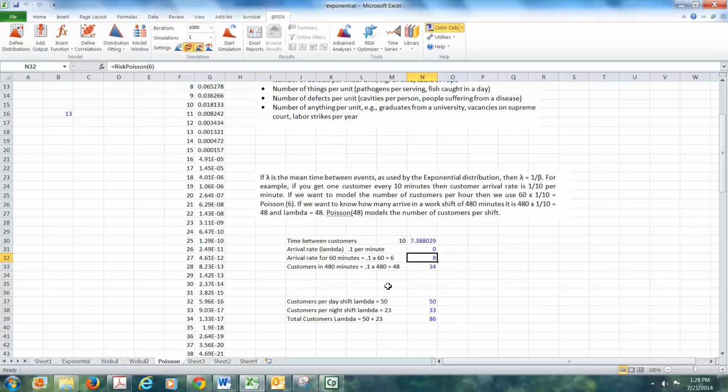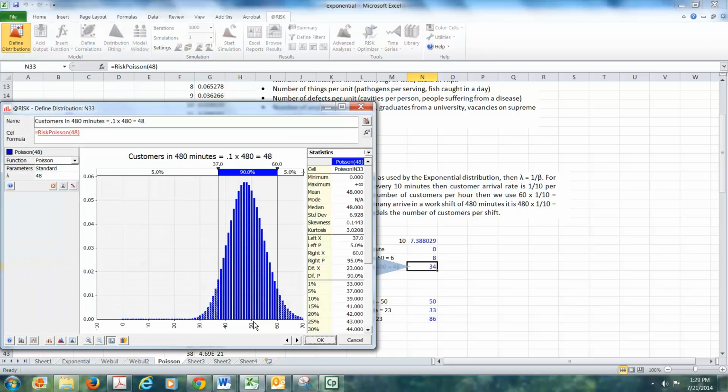In a similar fashion, if we want to know how many arrive in a work shift of 480 minutes, that's 1/10 times 480, or a lambda of 48. And so we have a Poisson distribution that has an average arrival of 48, and this picture right now is showing you a picture of what you might expect in your shift.